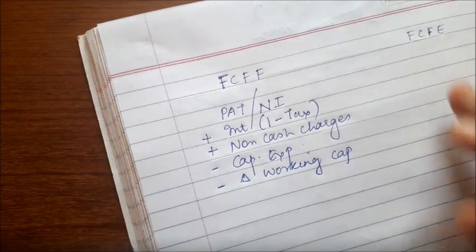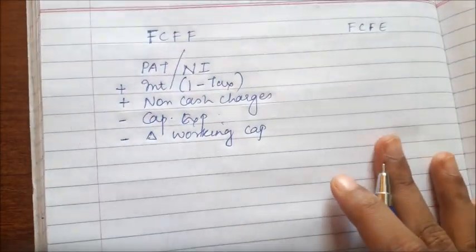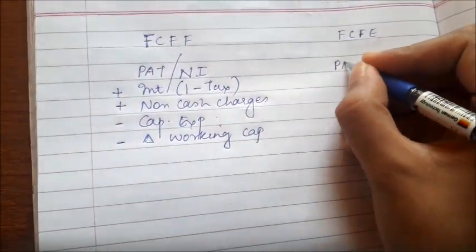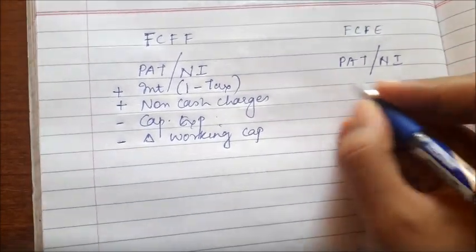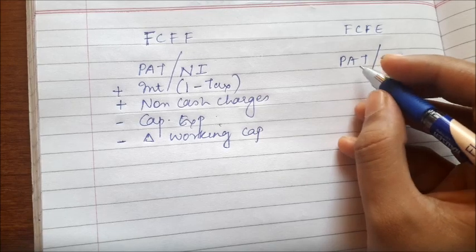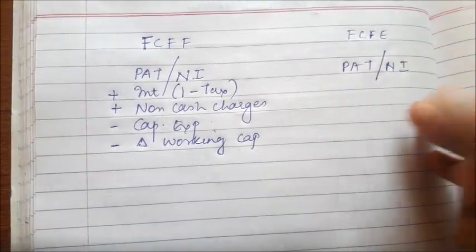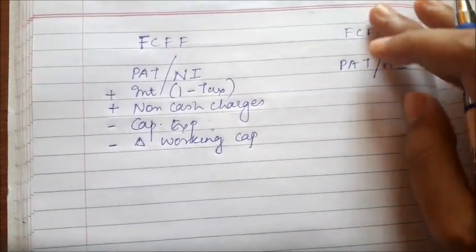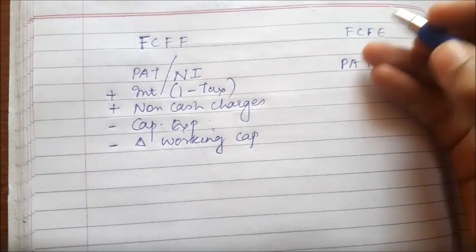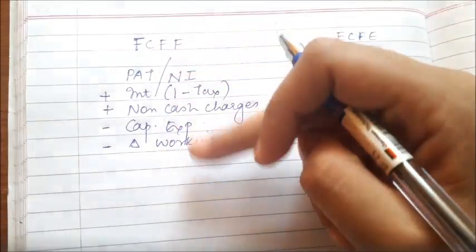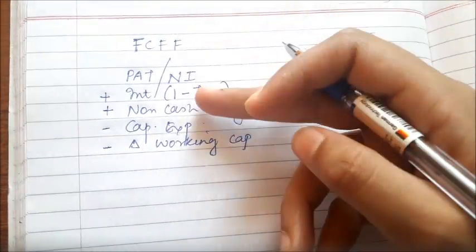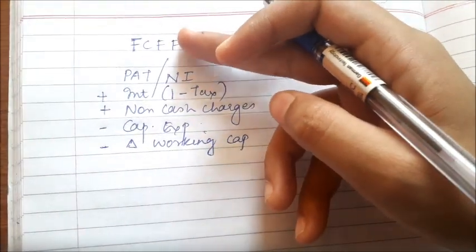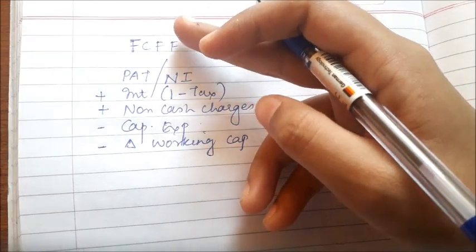In free cash flow to equity, we start with profit after tax, or net income. We are not going to add back interest times (1 minus tax) because we have paid the interest amount. We only need this for equity shareholders, so we don't add it back. In the free cash flow to firm, the amount is for three groups, so we bring the interest back.